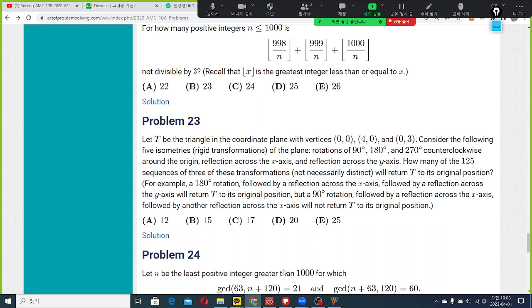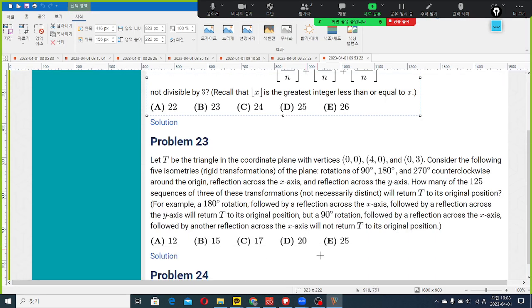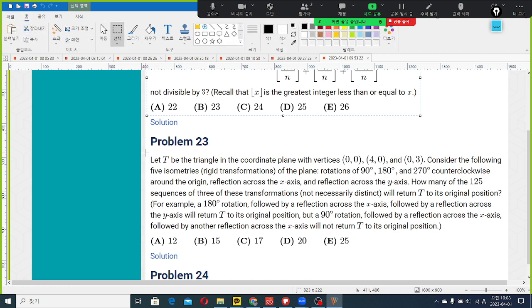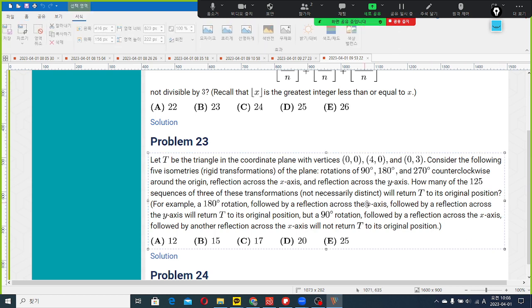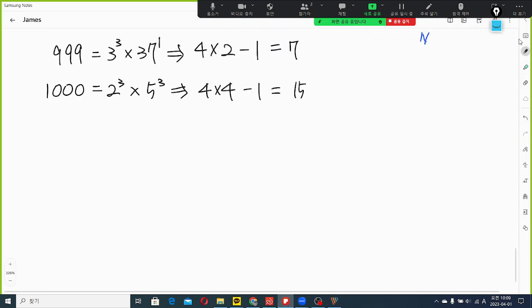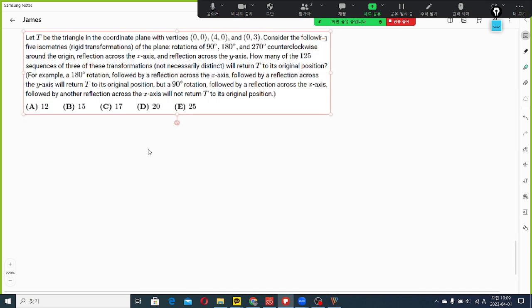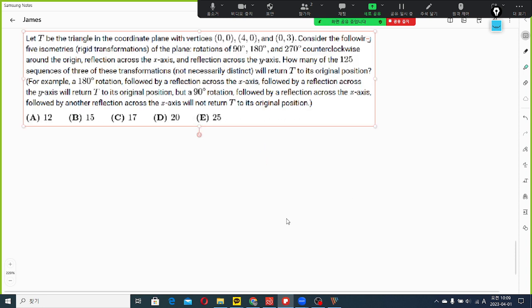And let's go to number 23. So we want to make some transformations. There are 5 types of transformations.